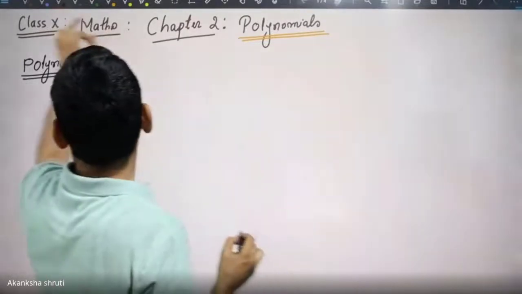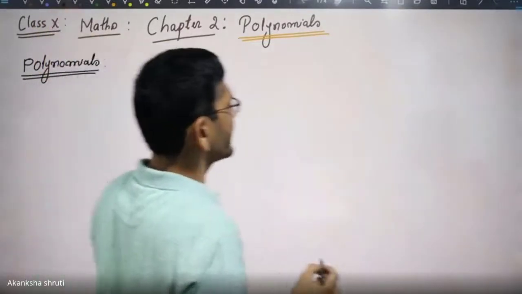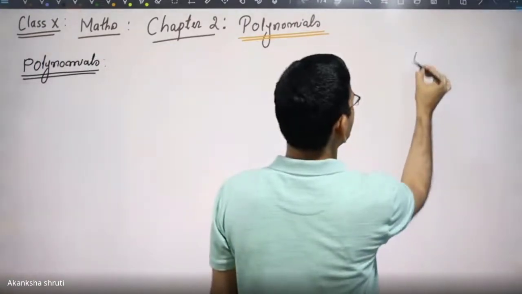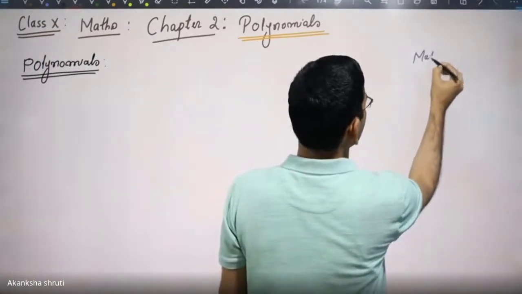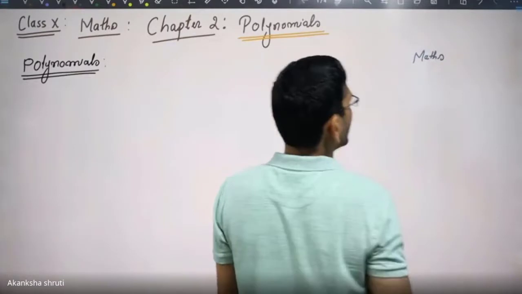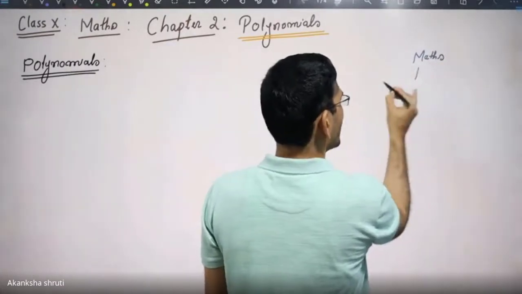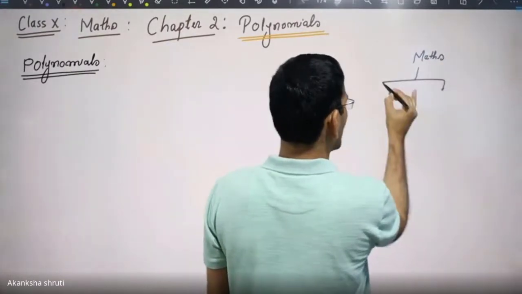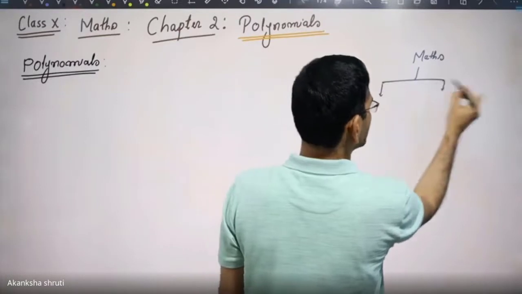Students, I had explained to you, if I consider this maths, then in this mathematics we have two kinds of things, broadly, or rather three kinds of things.